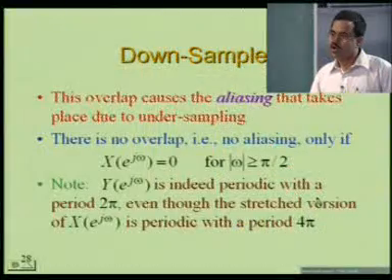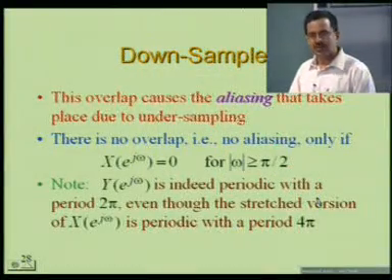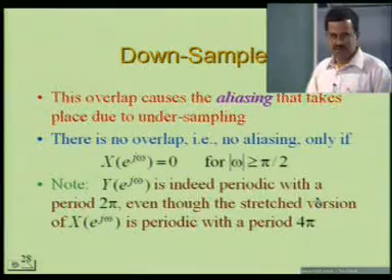So, what should happen to the output then? If this is the case, then we may not be in a position to recover the original signal from the downsampled version of the given signal. So, this overlap causes the aliasing that takes place due to undersampling. Undersampling, I mean lower sampling rate.